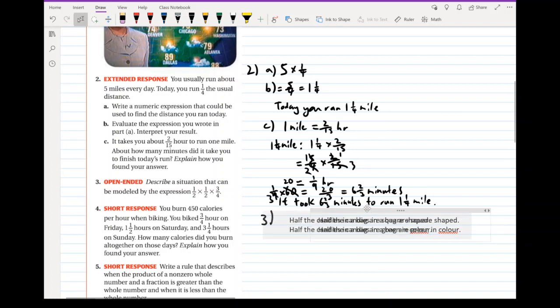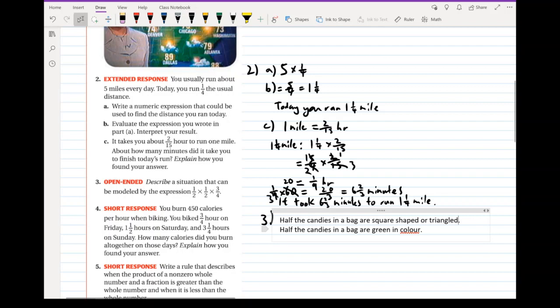Half the candies in the bag are square shaped or triangle shaped. So either half is square, half is triangle. Hopefully you get what I mean.